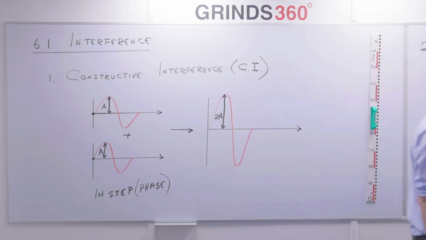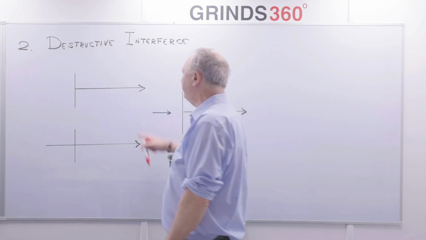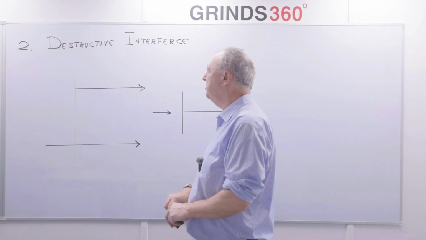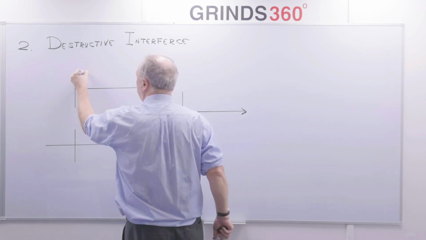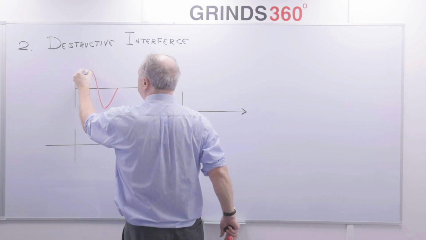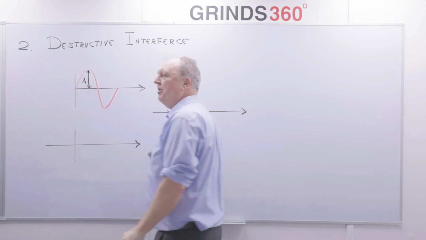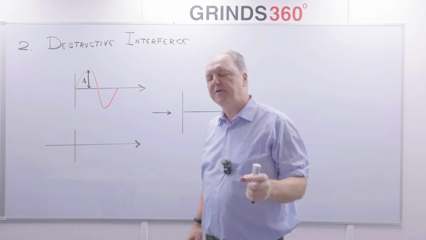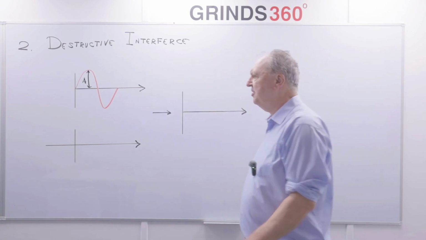Let's have a look at destructive interference. So again, I'll be drawing these diagrams from your notes. I'm going to start off with a wave as before. So here's my wave. It's got an amplitude A. It's going to meet a very similar wave, but this time the wave is not going to start in the same place.